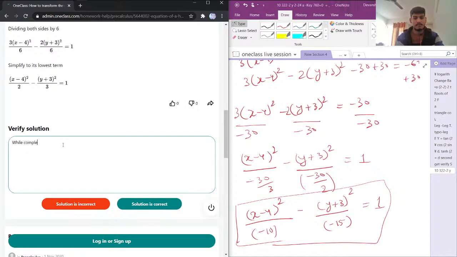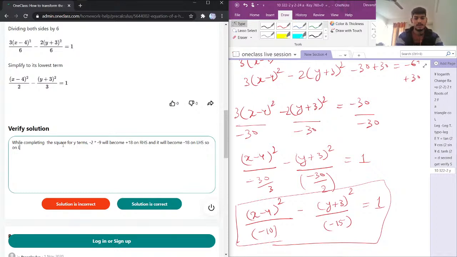While completing the square for y terms, minus 2 into minus 9 will become plus 18 on RHS, and it will become minus 18 on LHS.